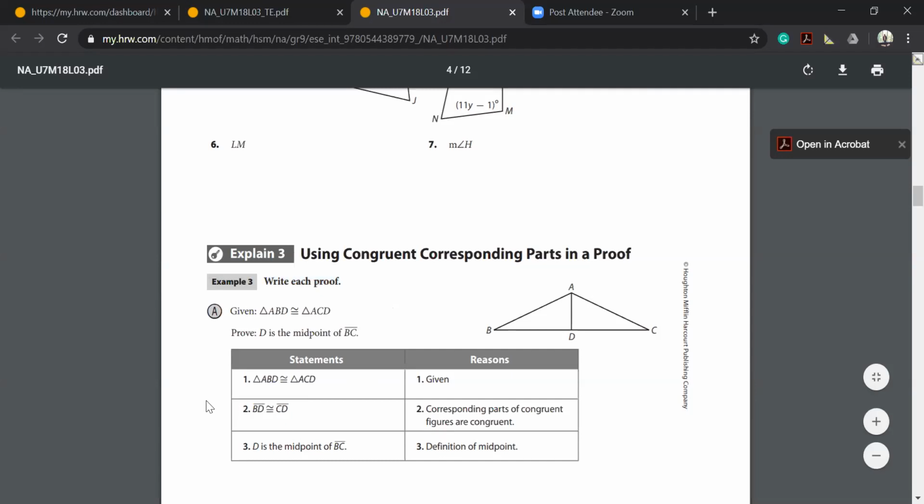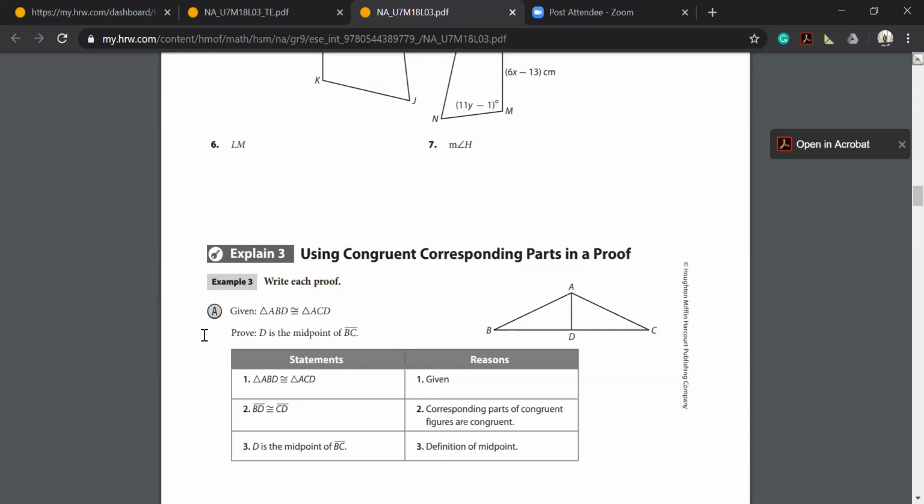Question A. First of all, he told me write each proof. I went and drew a table with 2 columns, statements and reasons. How many statements we are going to write, we will see. Given that triangle ABD is congruent to triangle ACD. Each time he will give you a problem, he should start with the given. Something is given for you, and then what is required to prove.